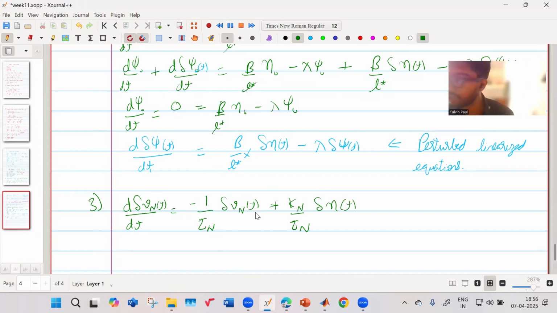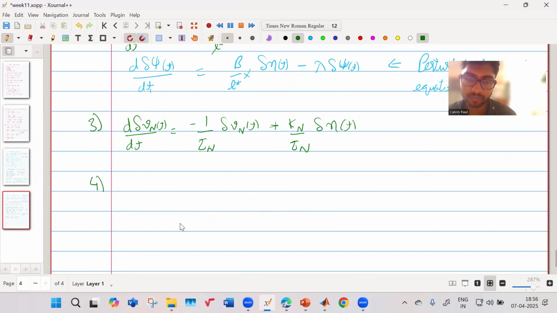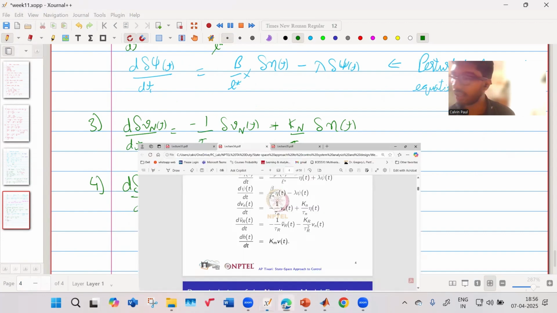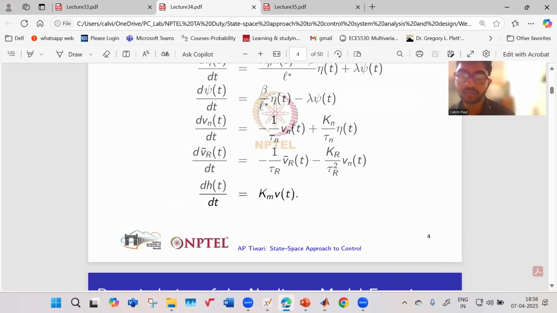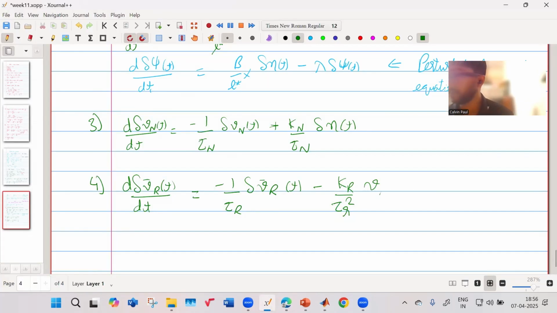Similarly, the fourth equation can be written as d of delta Vr bar of t upon dt is equal to minus 1 upon tau r delta Vr bar of t minus kr upon tau r square into delta Vn of t.